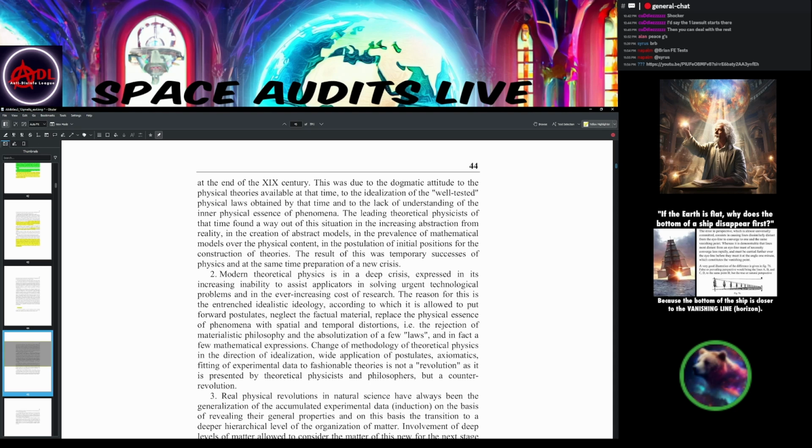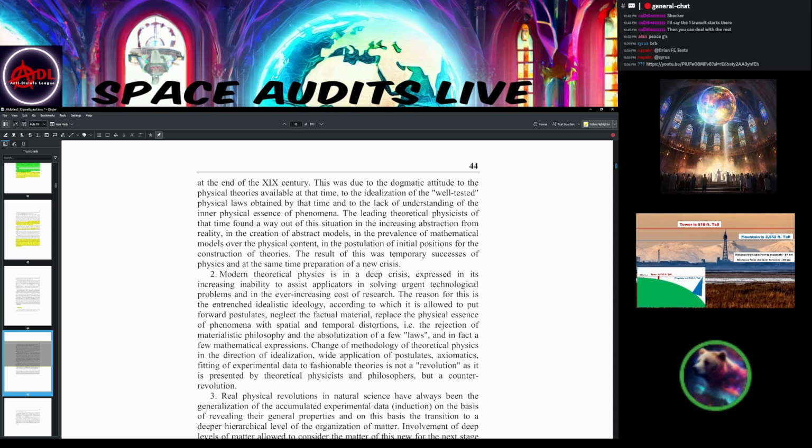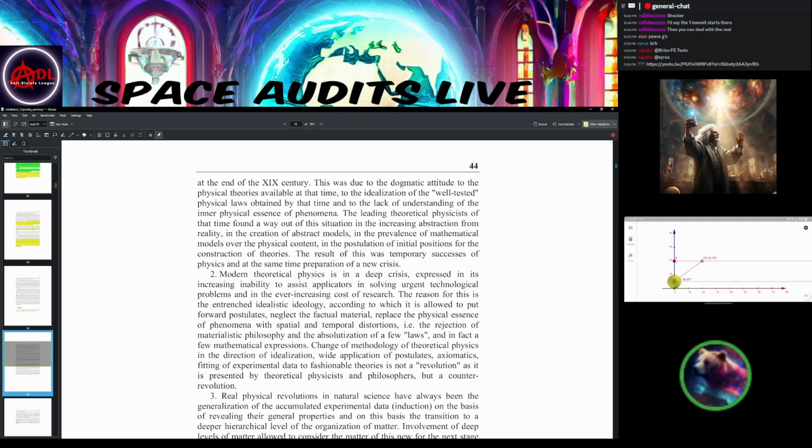The reason for this is the entrenched idealistic ideology according to which it is allowed to put forward postulates, neglect the factual material, replace the physical essence of the phenomenon with spatial and temporal distortions, i.e., rejecting the materialistic philosophy for the absolutization of a few laws and, in fact, a few mathematical expressions.